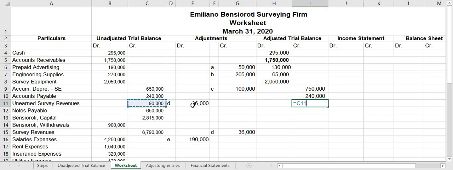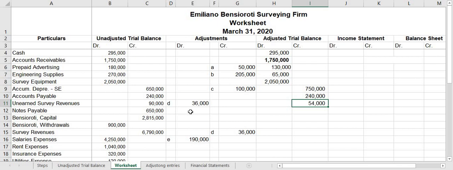Again, because a liability has a normal credit balance, if it has a debit adjustment, thus it means deduction to the account. Therefore, the net balance of your unearned survey revenue would now be 54,000. Credit.